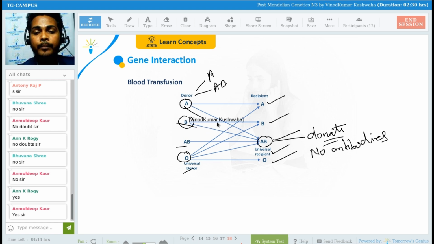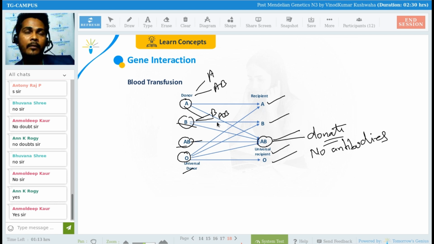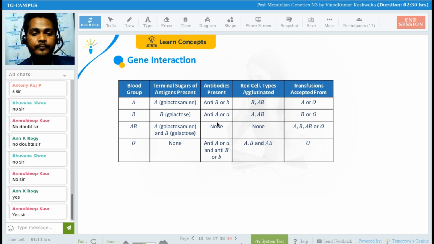Similarly, B can donate blood to B and AB persons. If I am AB, I cannot donate blood to A, B and O, but only to an AB person, right? And you know the universal donor and universal recipient. This is very simple.